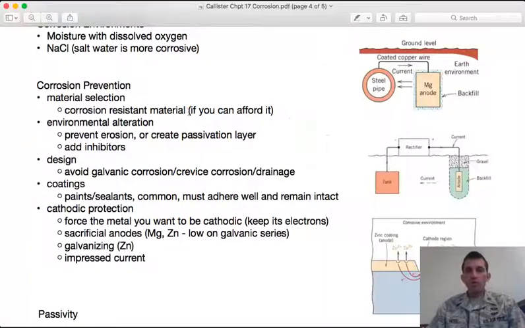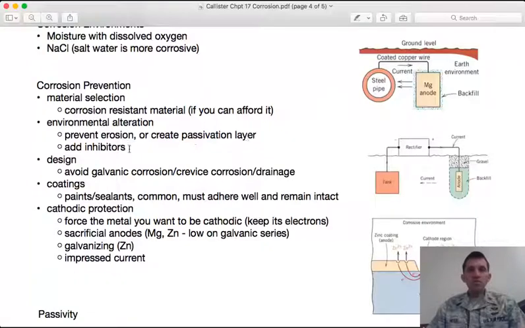Another approach that works pretty well is to pick a material that will form a passivating layer, which we'll talk about a little bit more, I think, on the next page.